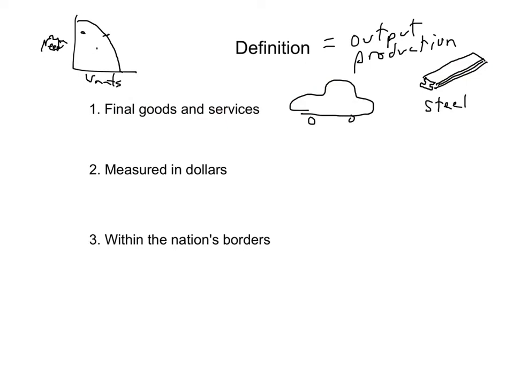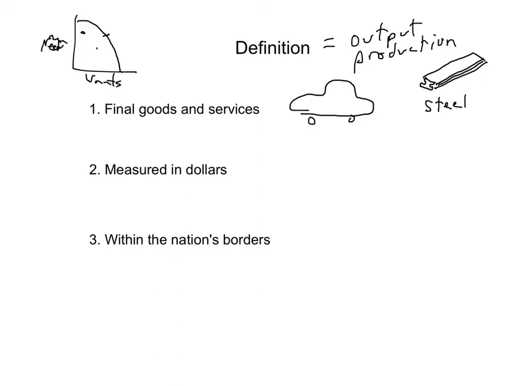Now, it's also important to understand that we measure it in dollars, right? In the United States we do. In India, they would measure it in rupees, which is India's currency. Now, we do this instead of just adding up all of the cars and all of the massages and all of the education and all of the pixie sticks, and just putting it in a big book that says, oh, we made 10,000 of this and 20,000 of this, because that book would be too big and it's so much information that it's almost not useful, right?